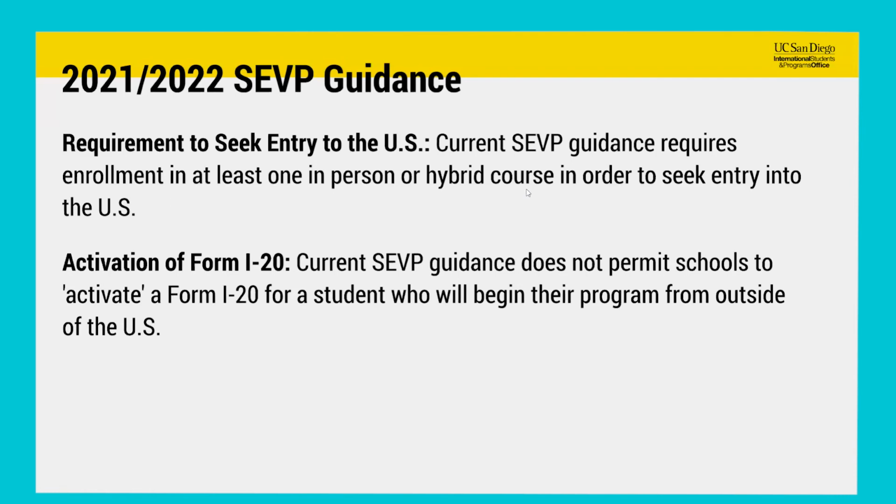So if you're currently in the US now and you request to transfer your SEVIS record to UC San Diego, we are able to issue you a Form I-20. However, if you plan to go home, let's say for summer vacation, to visit family, and re-enter the US before the fall quarter begins, note that for fall quarter, you must have at least one in-person or hybrid course in order to seek entry into the US.